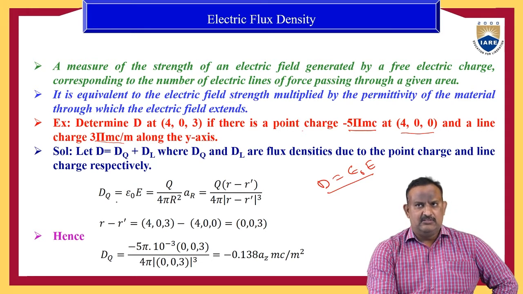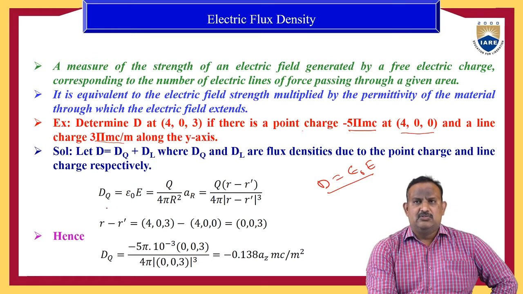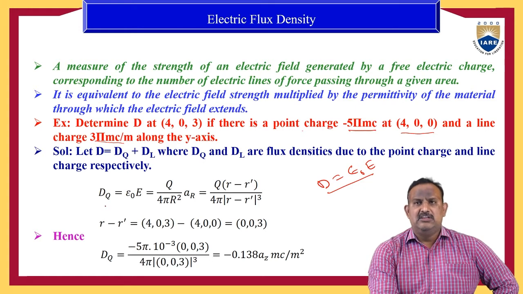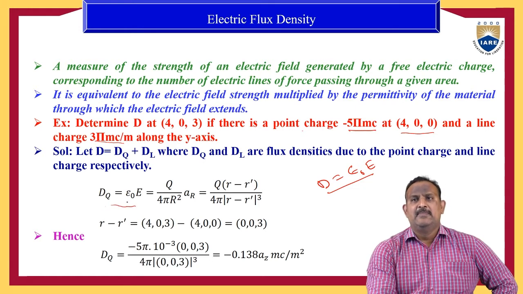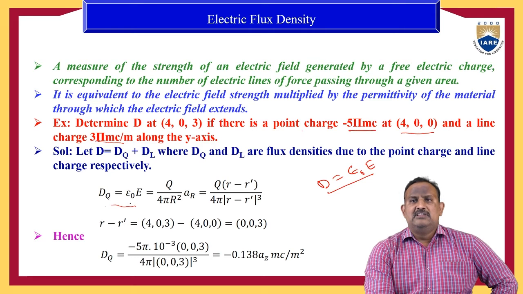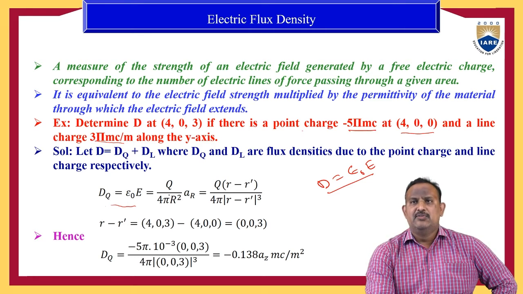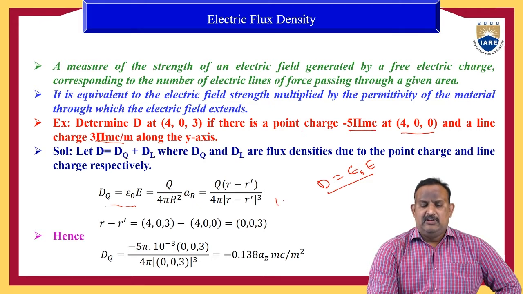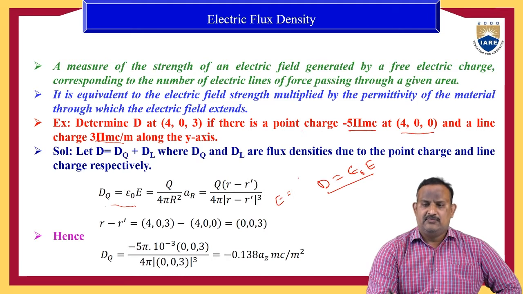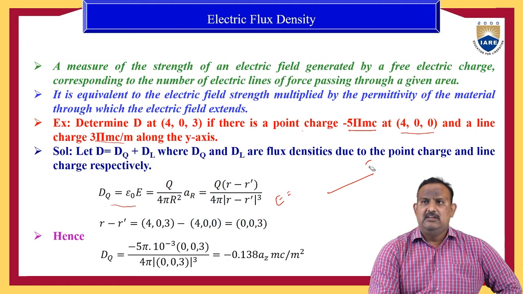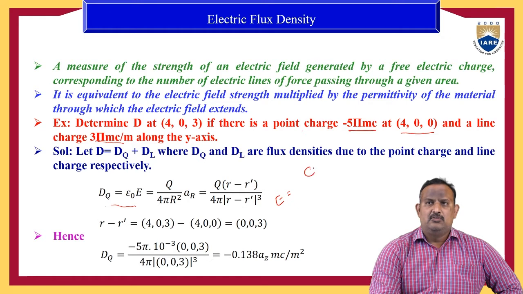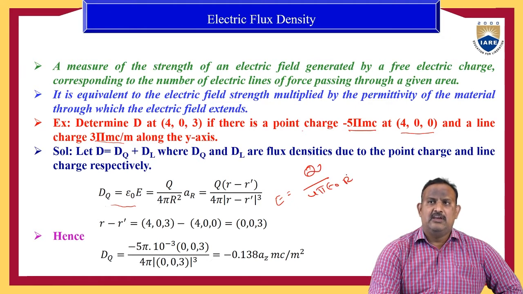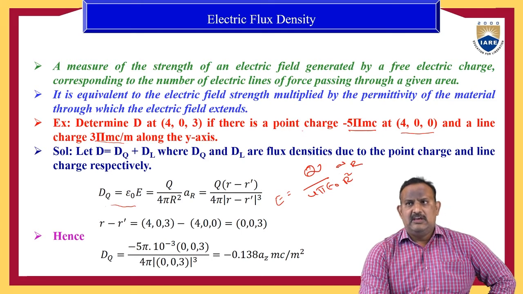Therefore, first we will find the electric flux density due to the point charge. Dq is equal to epsilon naught E, which is q by 4 pi r square into ar. Actually, we have the formula for electric field intensity E equal to q by 4 pi epsilon naught r square into ar, where ar is a unit vector.